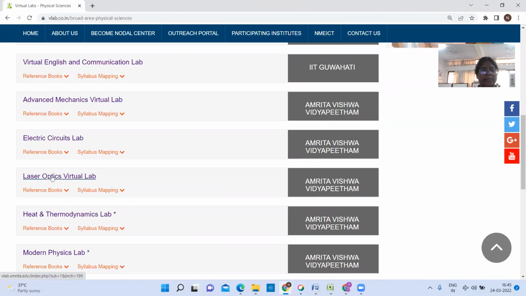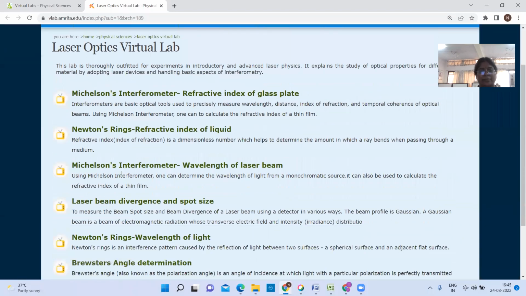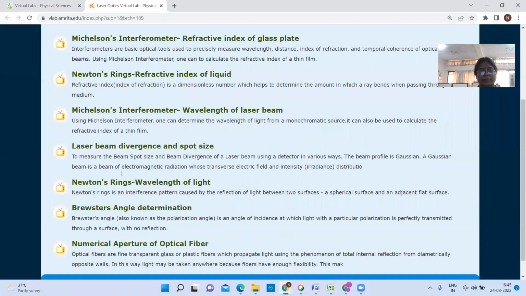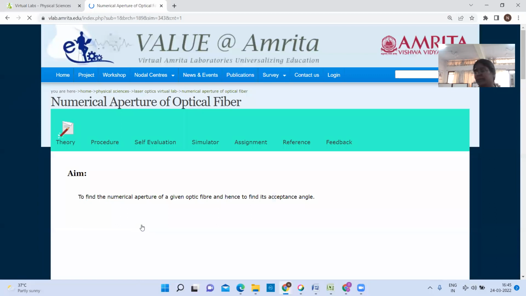Again here you can see laser optics virtual lab. लेझर मधले पॉइंट्स आहे, त्याच्यामध्ये लेझर मधले एक्सपेरिमेंट्स आहे. How to measure the numerical aperture of fiber? You see here. Numerical aperture आपल्याला एक्सपेरिमेंट आहे.